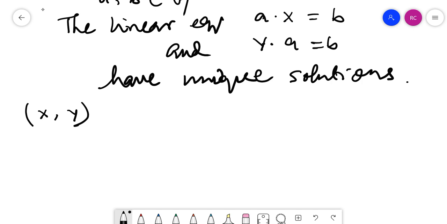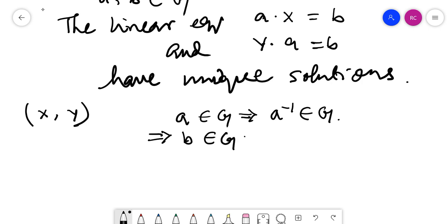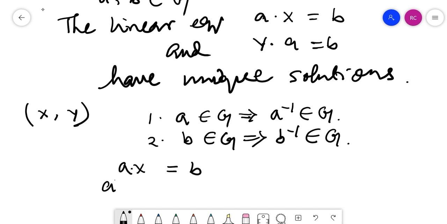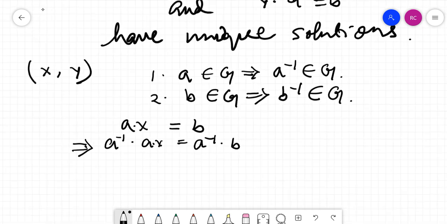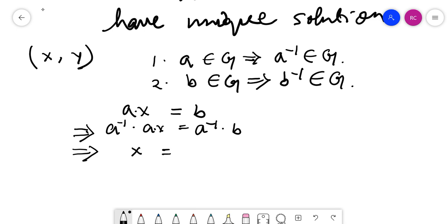How do you prove that? So A belongs to G implies A has an inverse which also belongs to G. And also B belongs to G means B has an inverse which also belongs to G. Now we take this equation, we multiply both sides by the inverse, we get x is equal to A inverse B. So this is certainly a solution.